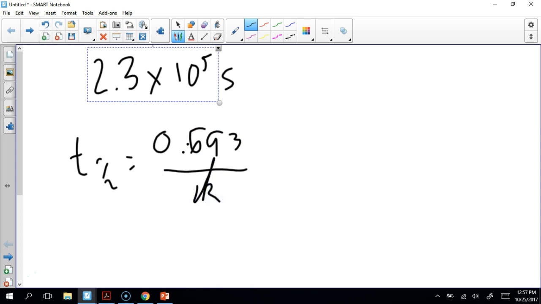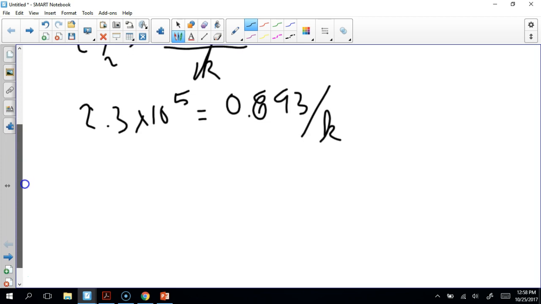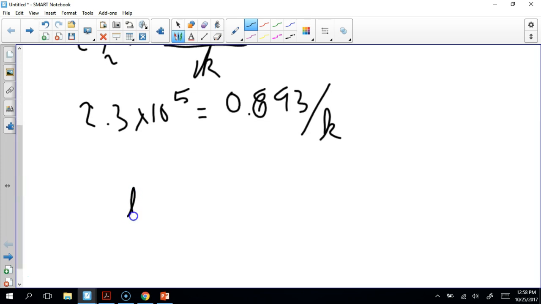So now we do the math. We plug in 2.3 times 10 to the 5th equals 0.693 divided by k.